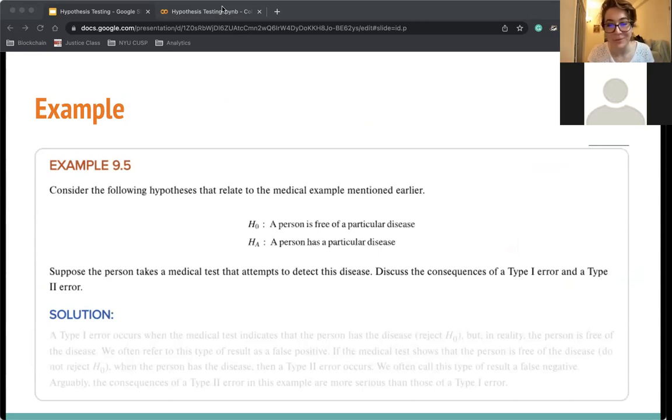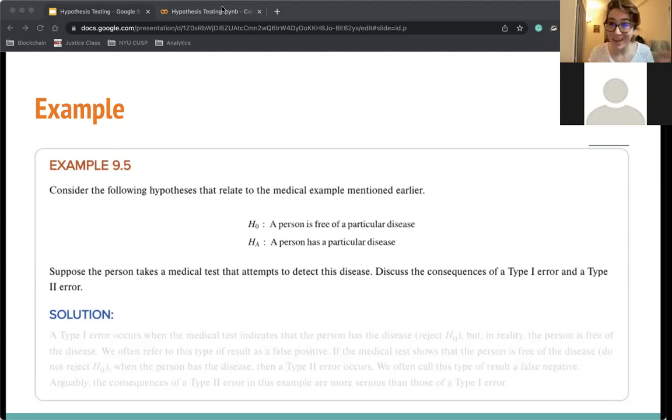This just further demonstrates what we just talked about. And actually I use the example that I just brought up, where our null hypothesis would be a person is free of a particular disease, they're healthy, where we need to find evidence, let's say through a test that looks at the antibody levels.